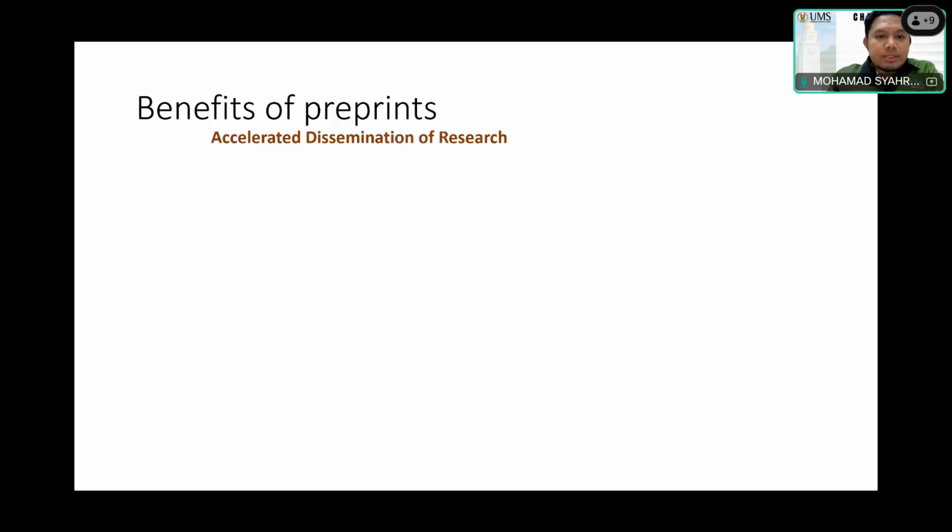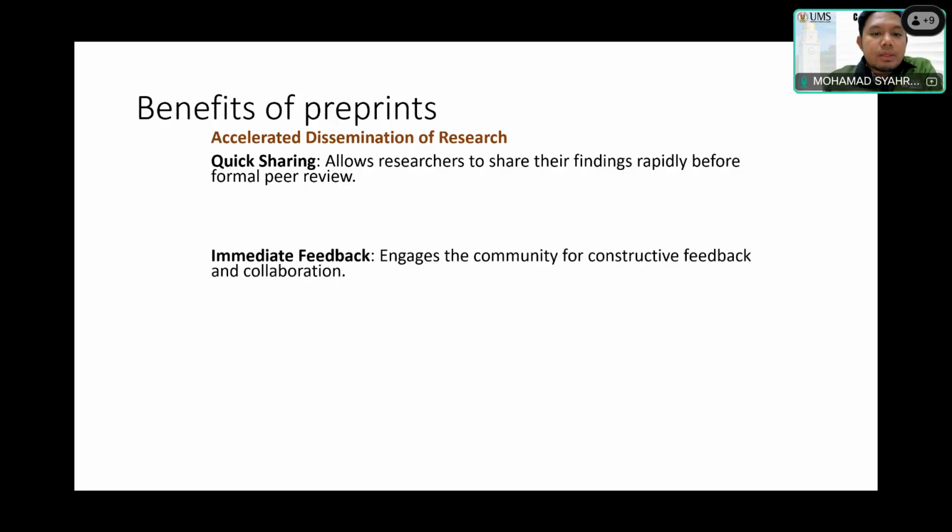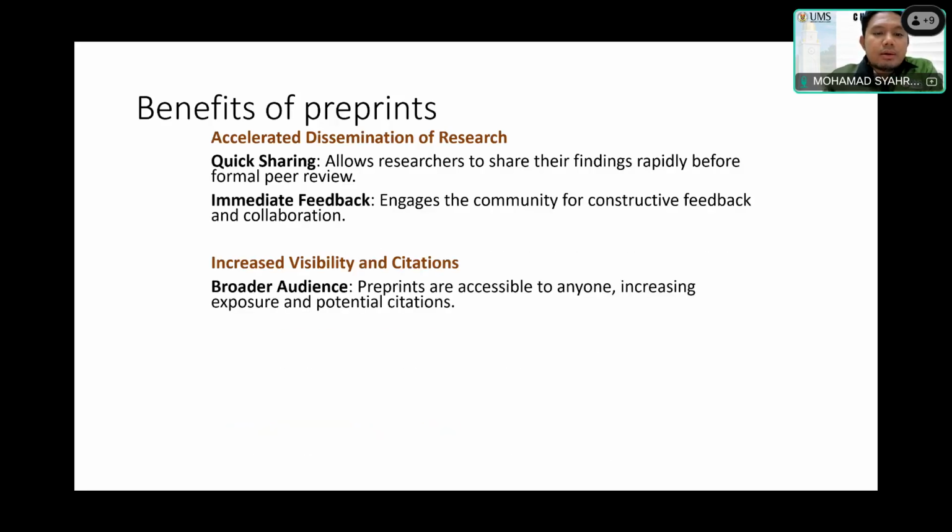Benefits of preprints. Okay, I don't want to touch on this. Okay, preprint. Actually, after we submit our paper to Springer journals, they will offer if you want to do a preprint.